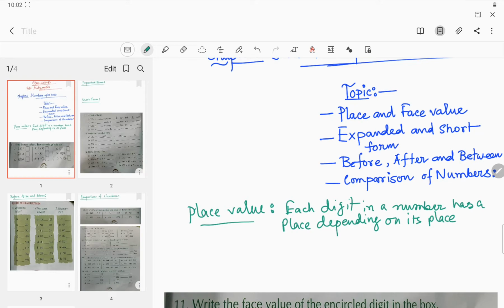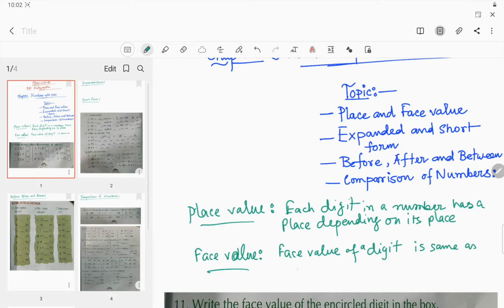Okay, and what is face value? Face value of a digit is the same as the digit itself. Clear?